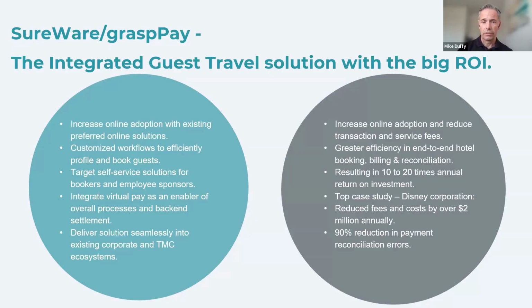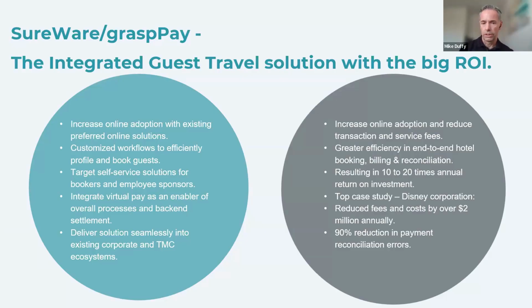So there's end-to-end efficiency. When hotel booking, billing, and reconciliation are all connected from the moment a reservation is made right to the final close, you eliminate a lot of duplicated effort. You reduce cycle time and you improve accuracy as well.